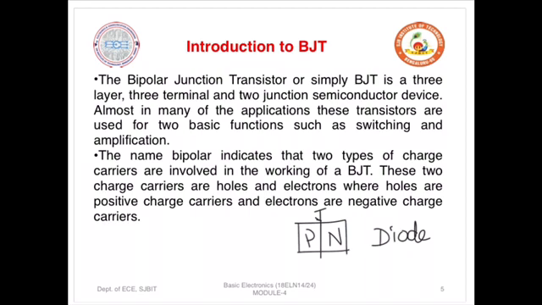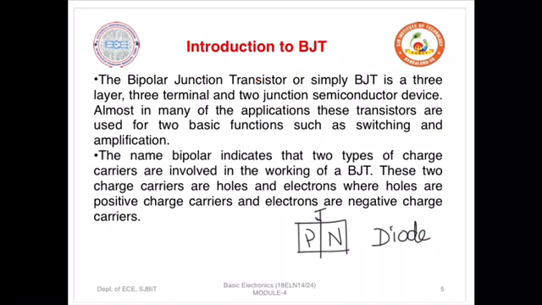With a terminal connected to each layer, it acts as a 2-port device and one of the terminals is common between the 2 ports. Such a transistor we call a BJT, bipolar junction transistor.